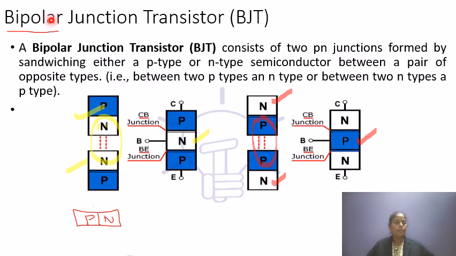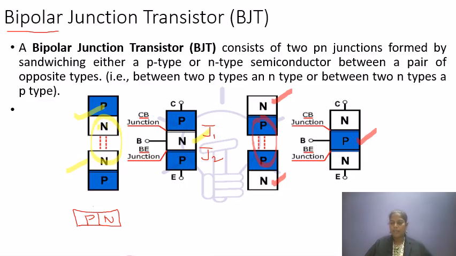So what is the meaning of bipolar? Bipolar means two charge carriers, electrons and holes, and two junctions. We are sandwiching these two diodes and forming two junctions. So what are the two junctions we have? This is junction 1, between P and N, and this is junction 2, between N and P, in the case of PNP.